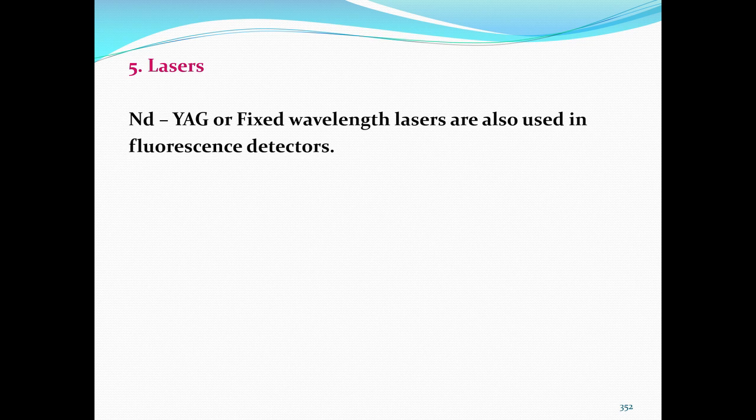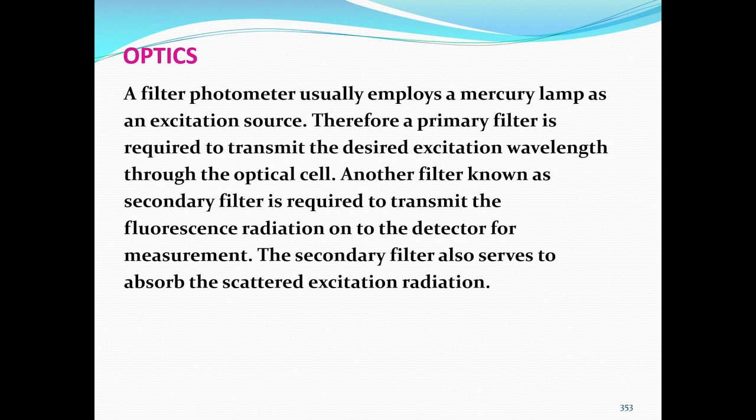With tunable lasers again it should be possible to get very high intensity, but compared to a xenon arc the mercury filter will be less costly, while a tunable laser would be of very high cost. So, again there is a need for justification of the lamps depending upon your work.